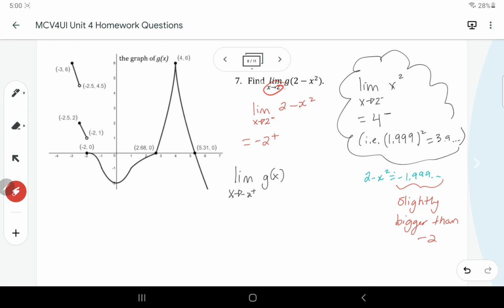So we're doing the limit as x approaches this of the outside function g. Then we just look at our graph, and we're going towards negative 2, but from numbers above negative 2, like negative 1.999. That would be right around here. It's going close to a value of 0.